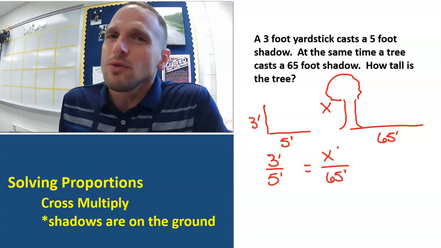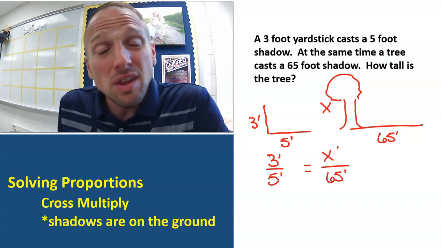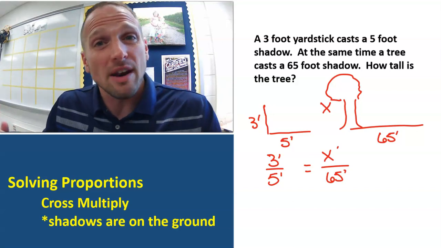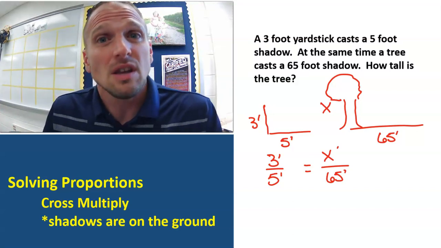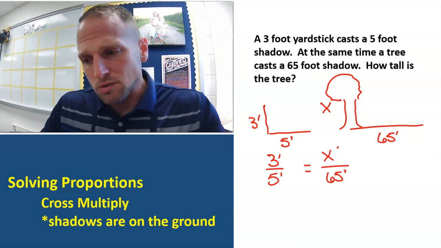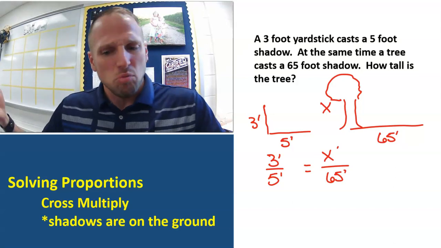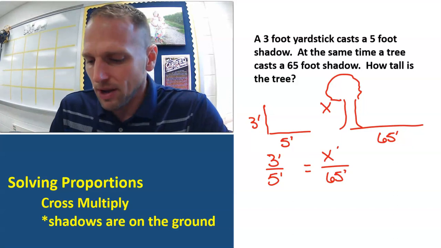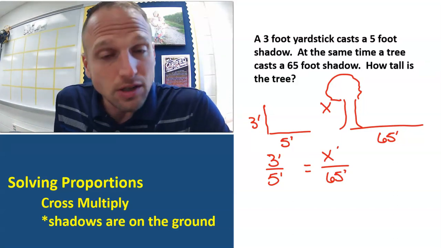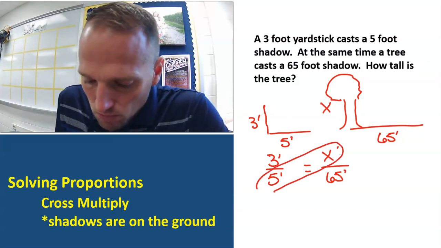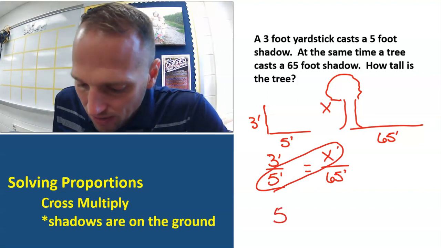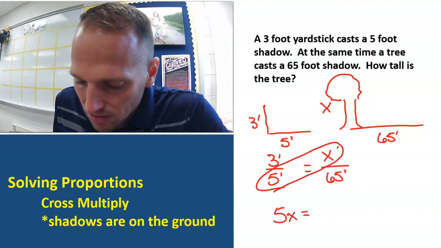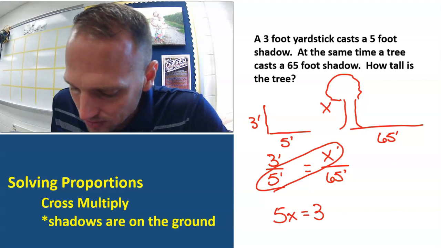Now, one thing that I do, I always keep my shadows on the bottom because shadows fall on the ground, right? So I put the length of the shadow on the bottom. Now, let's see what we can do with this. It's a proportion, so we can just cross multiply. I know that 5 times x is going to be equal to 3 times 65.